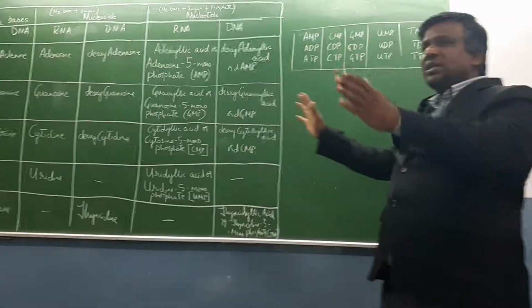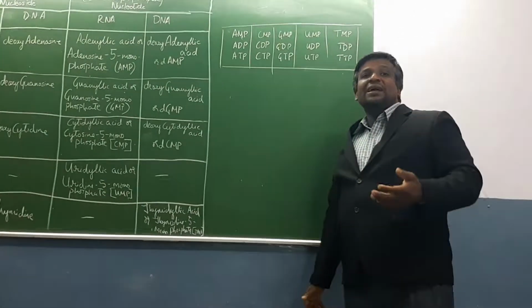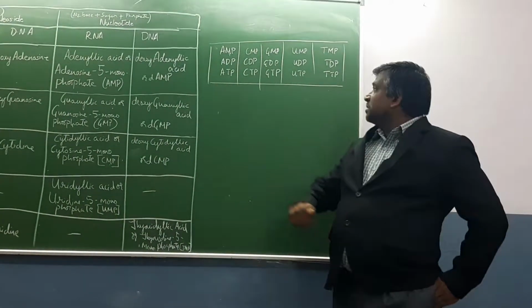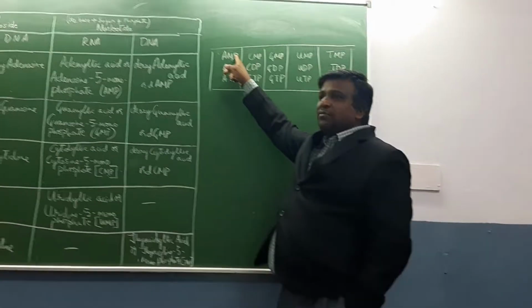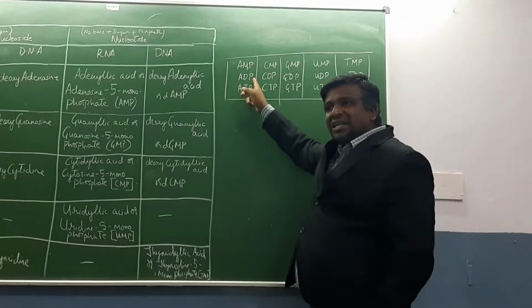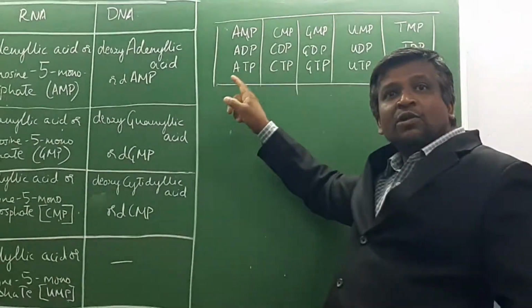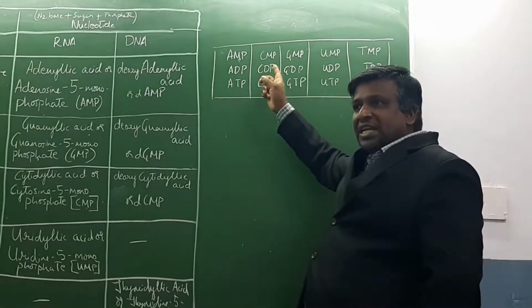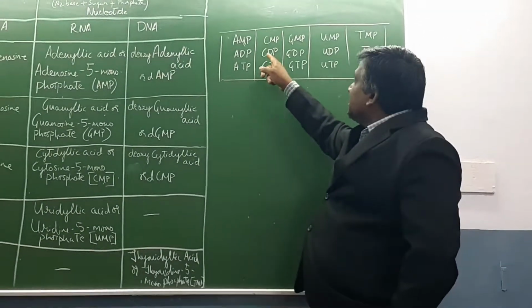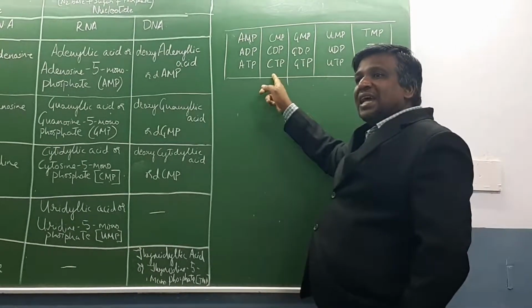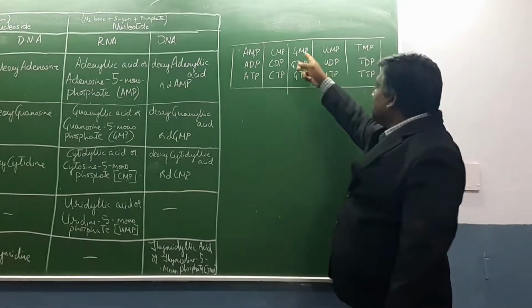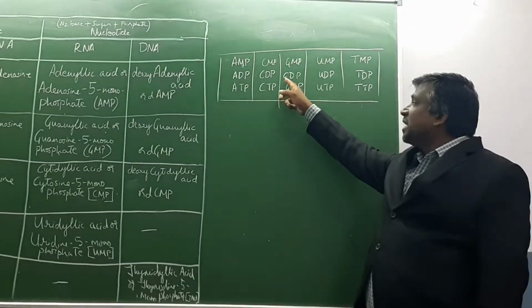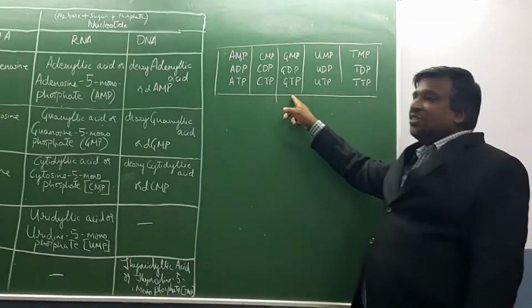Once you have understood this tabular column, in your general study, even in plant physiology, you come across terms like AMP, adenosine monophosphate; ADP, adenosine diphosphate; ATP, adenosine triphosphate. Similarly CMP, cytidine monophosphate, cytidine diphosphate, cytidine triphosphate. GMP, guanosine monophosphate, diphosphate, triphosphate.